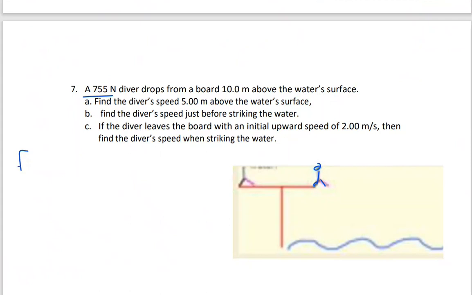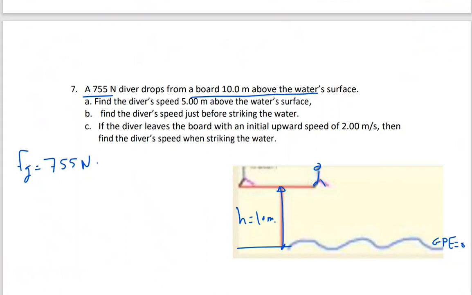So his weight, Fg, equals 755 newtons. Drops from a board 10 meters above the water surface. So the height of the board here is 10 meters above the water surface. If we take the water surface here, where gravitational potential energy is our reference, 0, then anything on the top, the potential energy is positive.